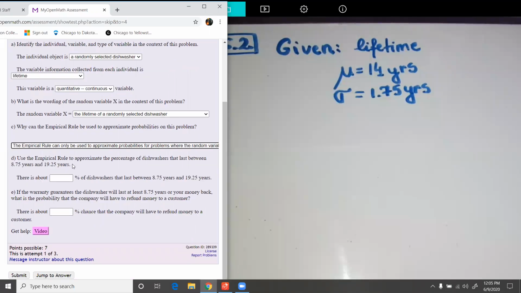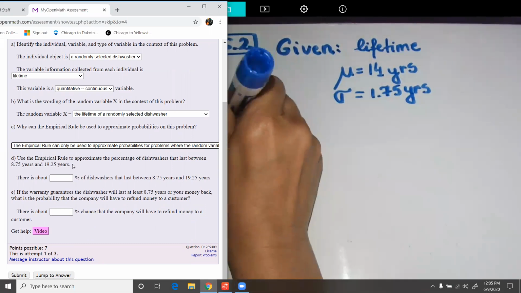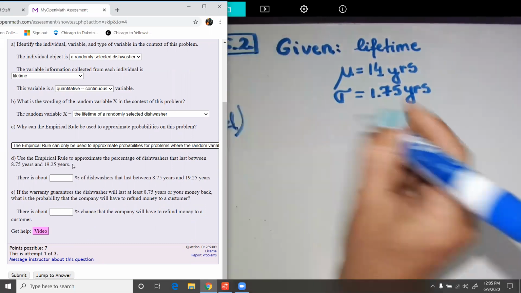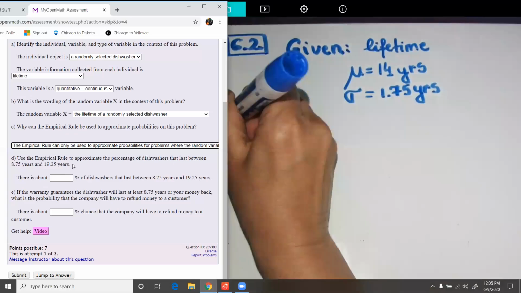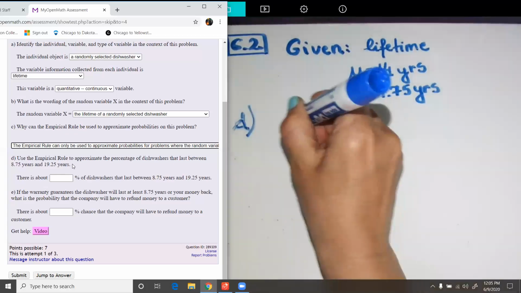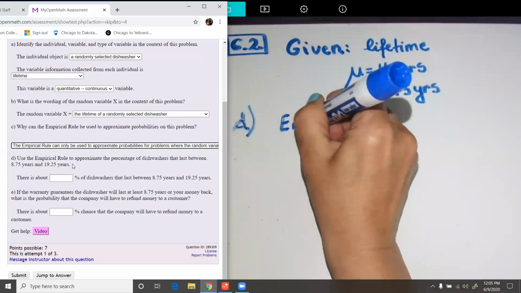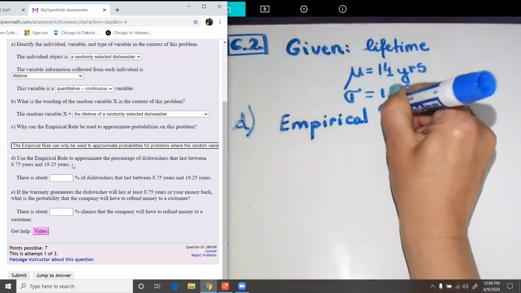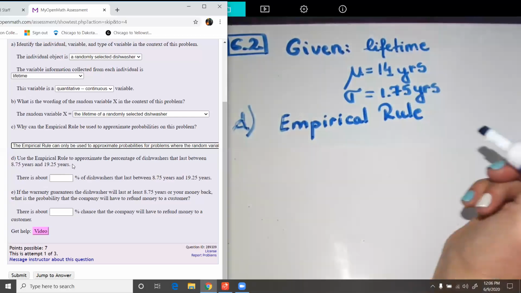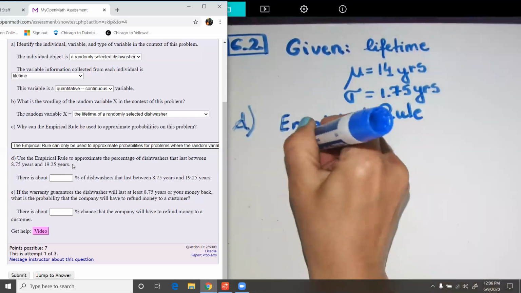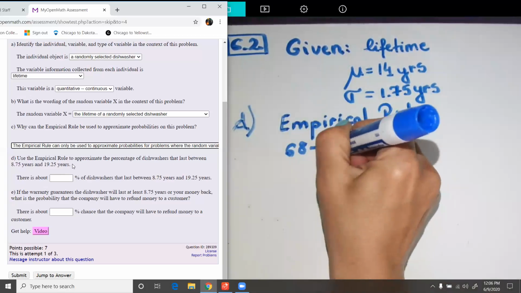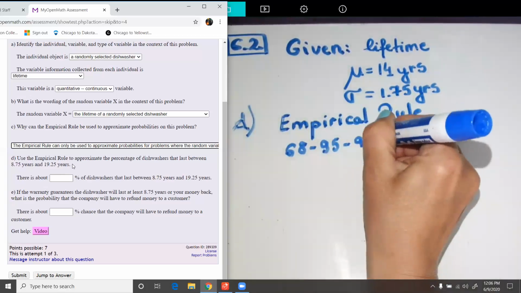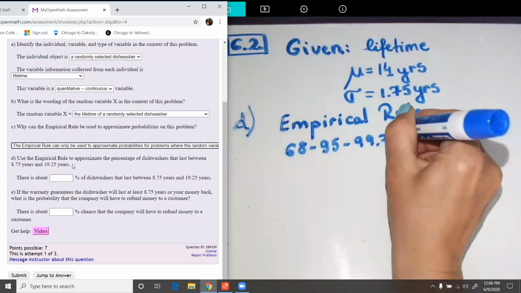And now let's use the empirical rule. In order to answer D, we have to recall the empirical rule. The empirical rule, and I'll write it down here just to make sure you remember this, is also called the 68, 95, 99.7% rule.